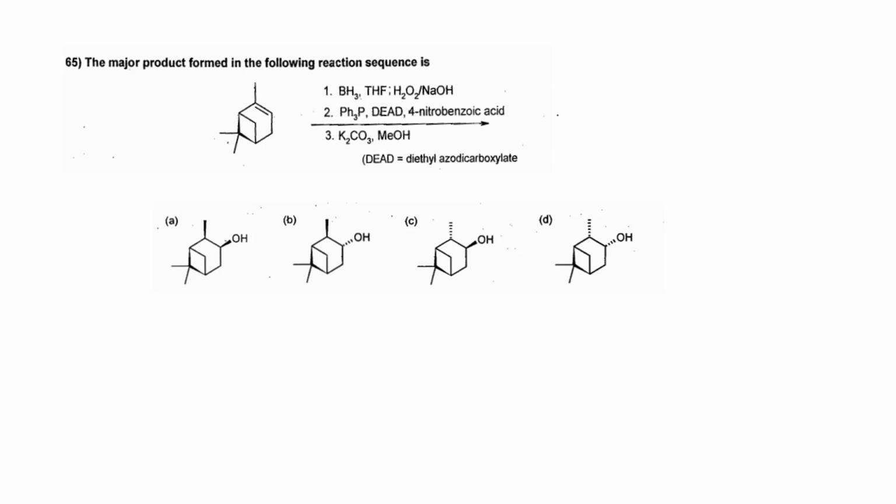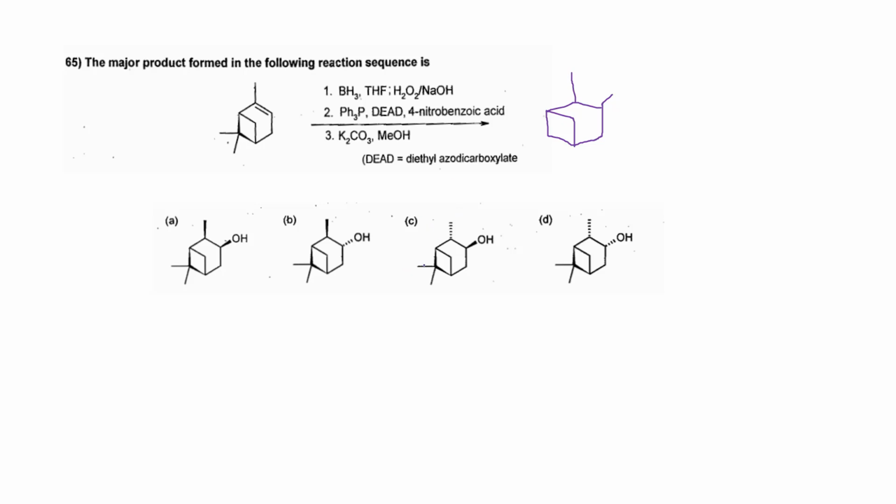So it will give... I have discussed the mechanism multiple times, so I am just drawing the product directly. So this is the more hindered side, so H will be added here and OH will be added here. And if H is added here, then this methyl and OH should be anti to each other.